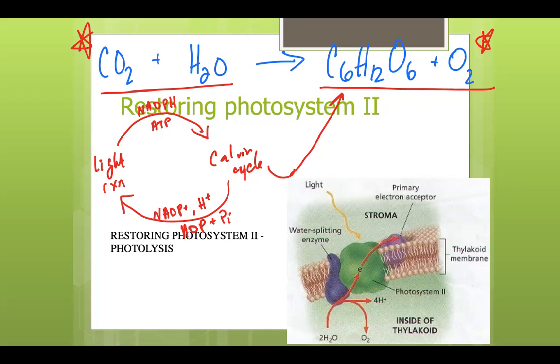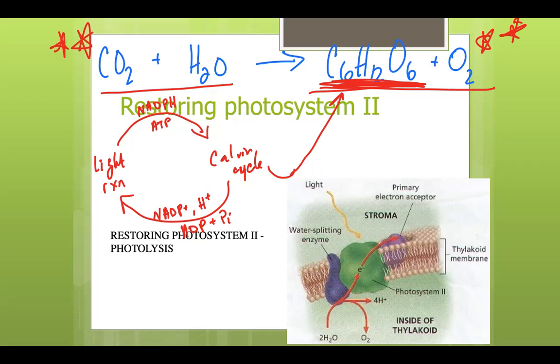I know it's probably quite overwhelming, like, oh my God, there are so many things here. But what I really want to focus on is how all of this is connected to, guess what? The big picture. So if this is the goal, food, C6H12O6, AKA food, that comes from this Calvin cycle.